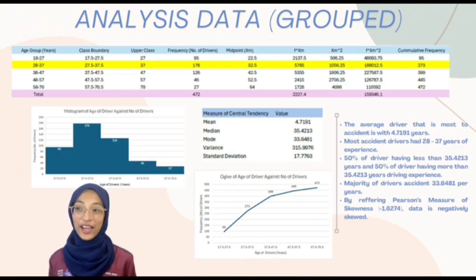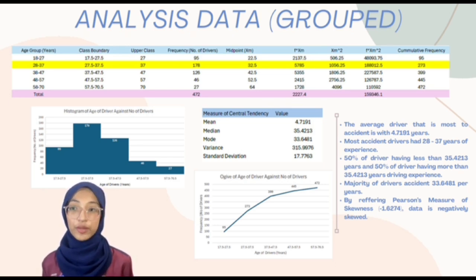Next, we have data of age of driver against number of driver. We can interpret that the average of driver that is most to accident is with 4.7191 years, and the most accident driver had 28 to 37 years of experience, and 50% of driver having less than 35.4213 years, and 50% of driver having more than 35.4213 years of driving experience.